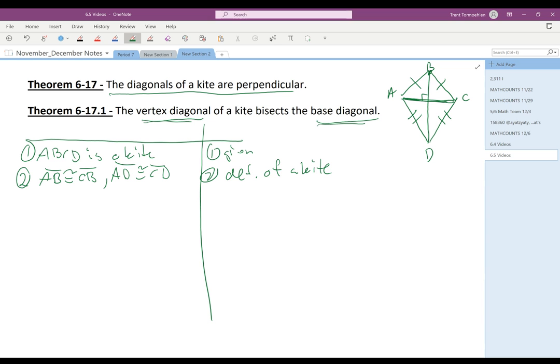The way we're going to do this is by first looking at this picture, which is without AC drawn in.